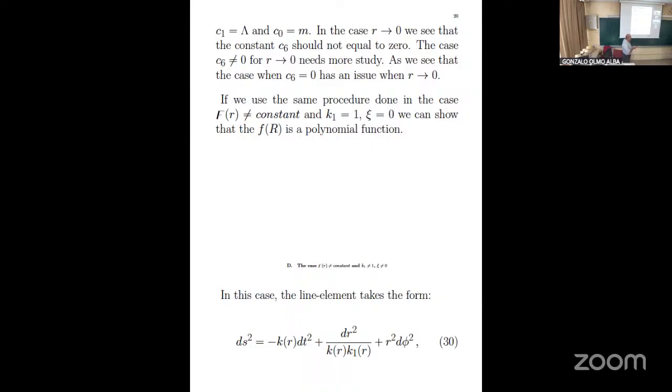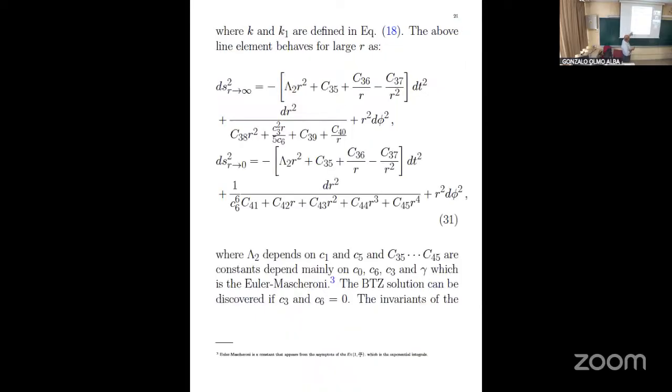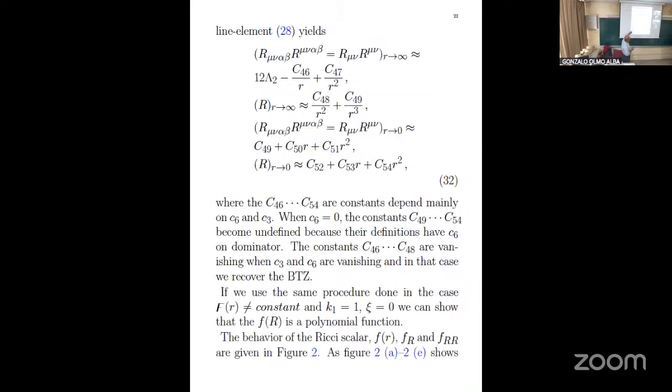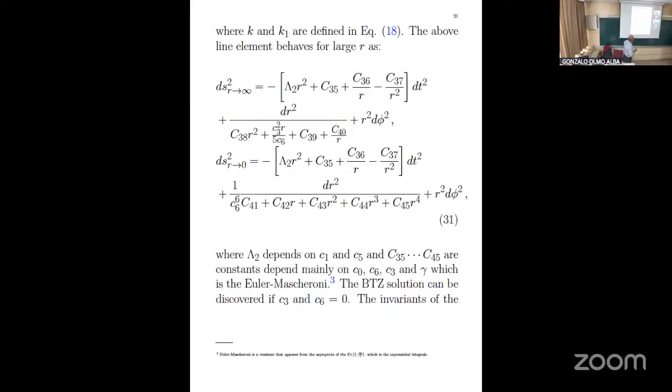And for the general case, we discussed it and we show that we are not allowed to put C6 equal to 0 for small r, as you see here.